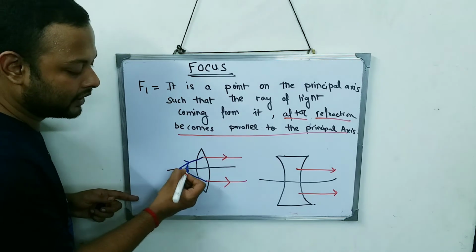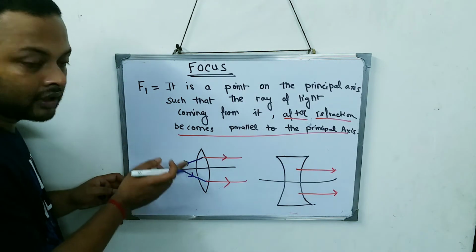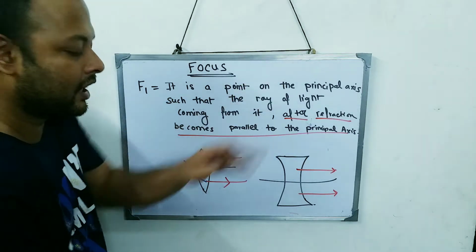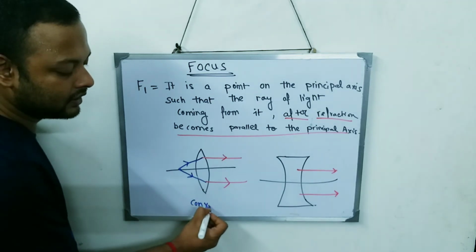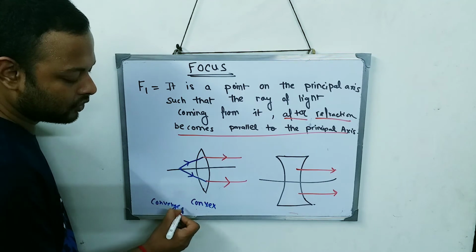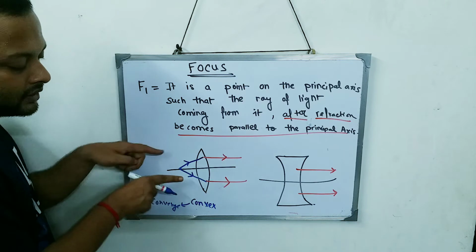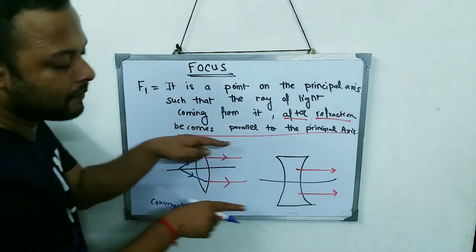These two rays which I have drawn in blue color are the input rays, and they are diverging. The function of the convex lens is to converge. So the divergent rays in the blue lines will get converged, but not like this. They will become parallel.